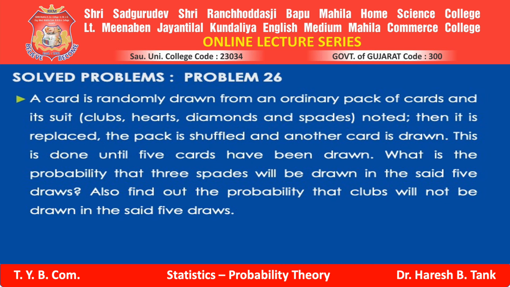This is done until 5 cards have been drawn. What is the probability that 3 spades will be drawn in the said 5 draws? Also find the probability that clubs will not be drawn in the said 5 draws. Two probabilities are required, right? Let us see one by one.